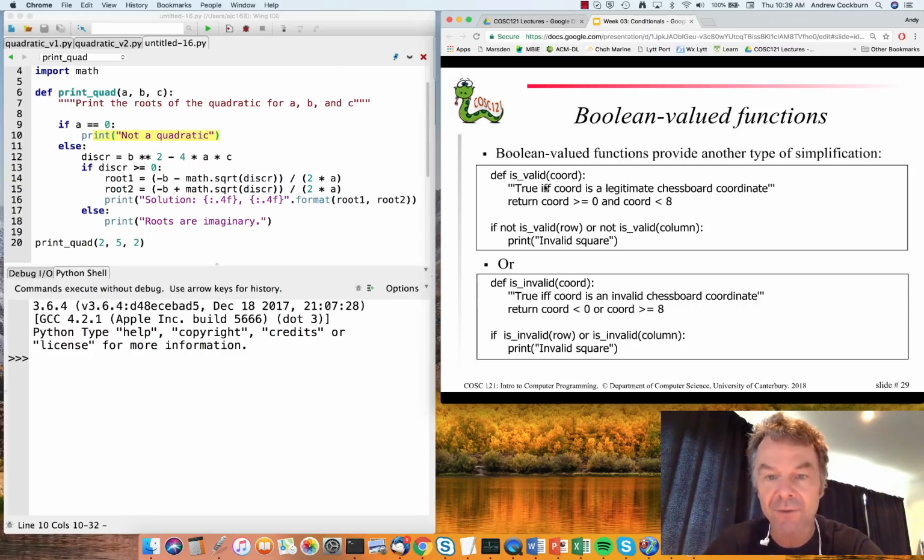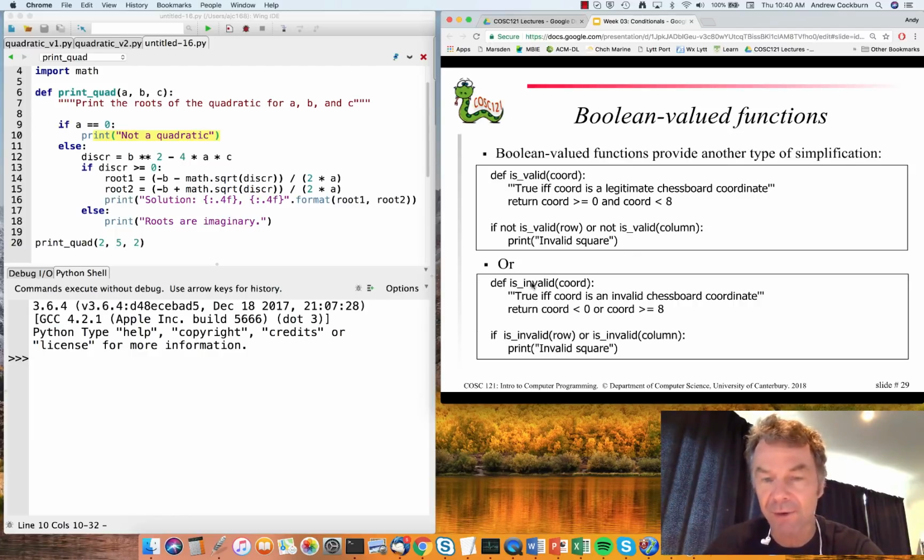So isValid returns true if the coordinate is a legitimate chessboard coordinate. So we return the truth of the coordinate is greater than or equal to 0 and the coordinate is less than 8. And now we can use that function in a simple if statement like if not isValidRow or not isValidColumn, print that it's an invalid square.